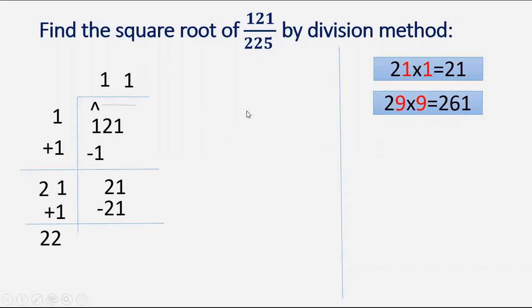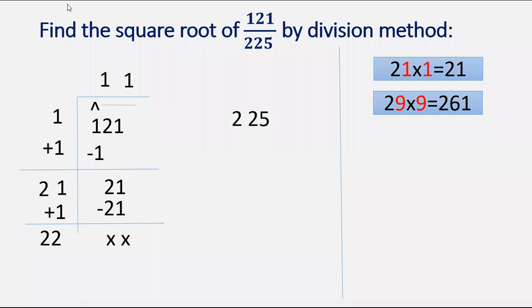Okay. Now what about the denominator? 225 is written. So there is a pair of 25, and there will be a gap on 2.